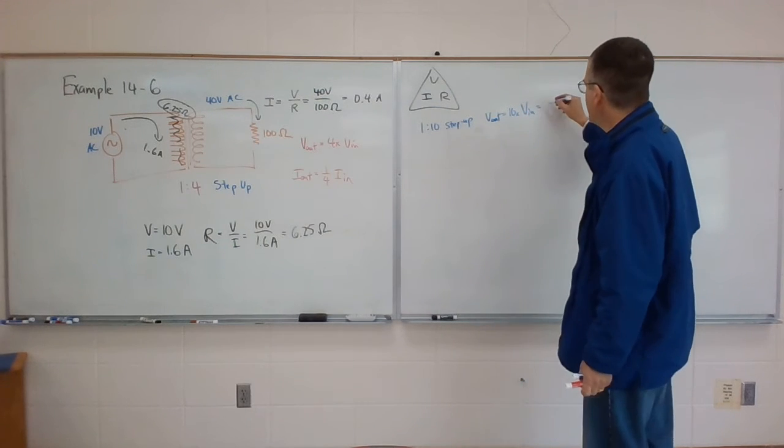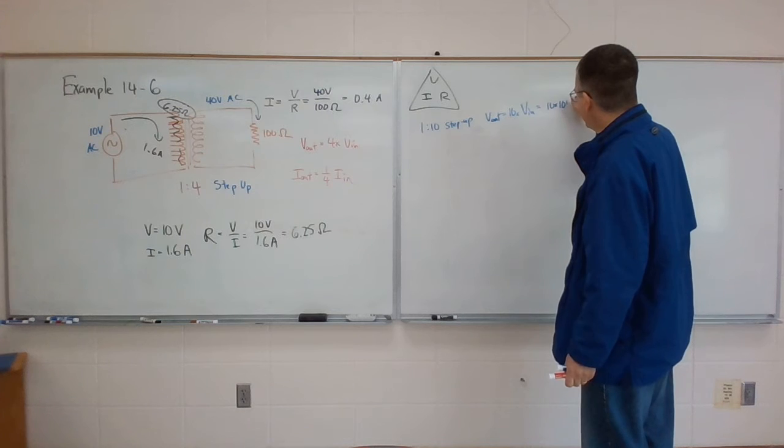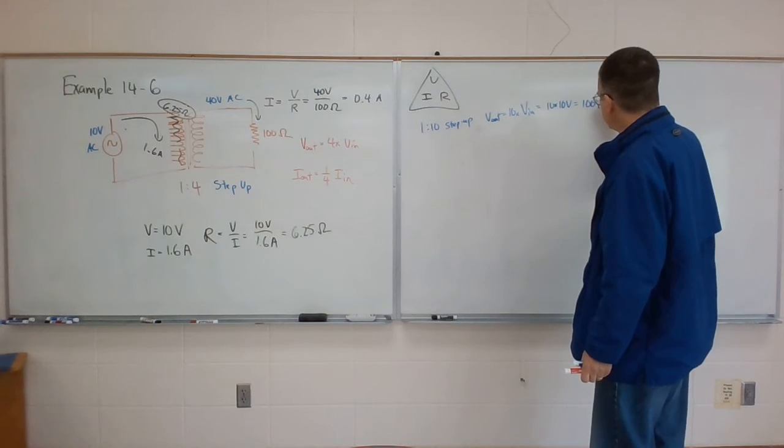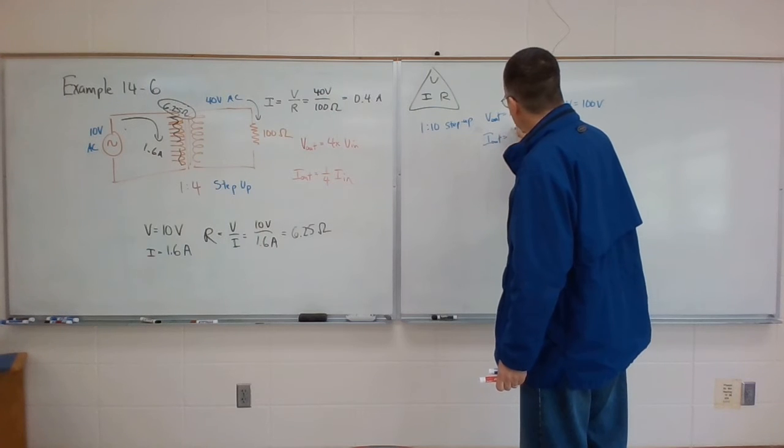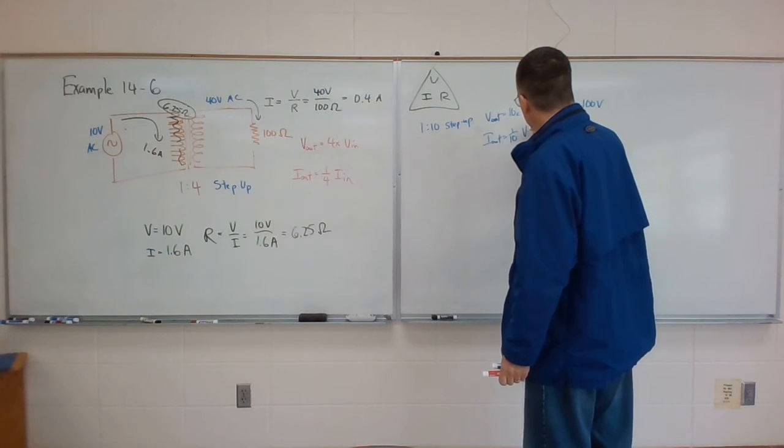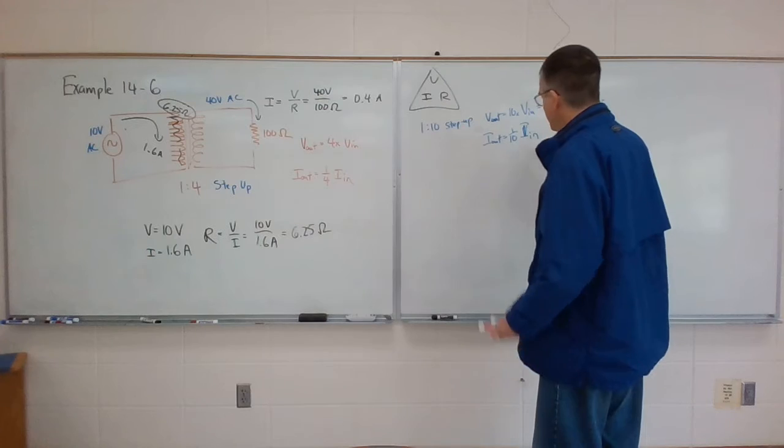So that's going to be 10 times 10 volts, it's 100 volts out. The current out then is 1/10 the current in.